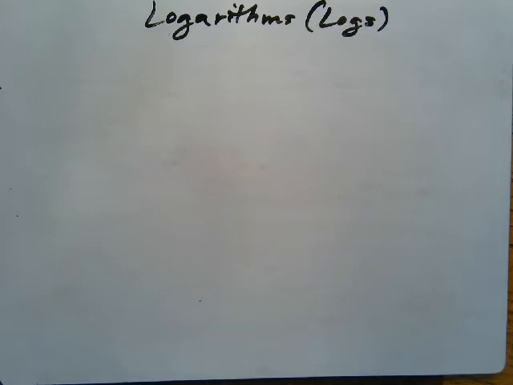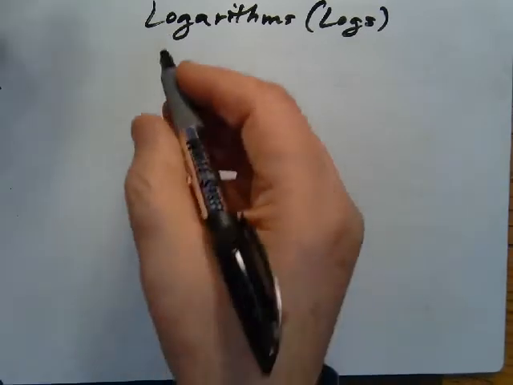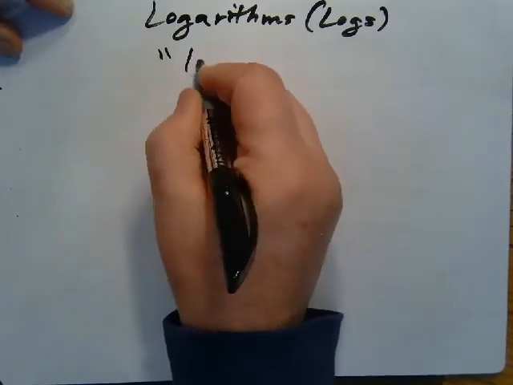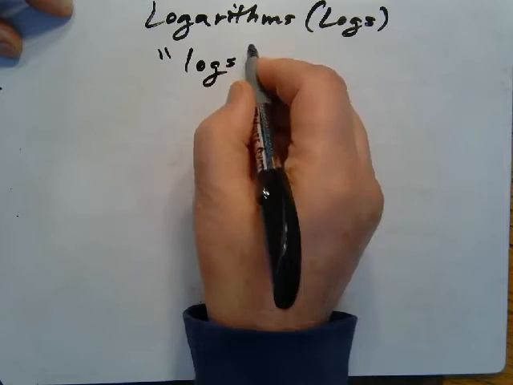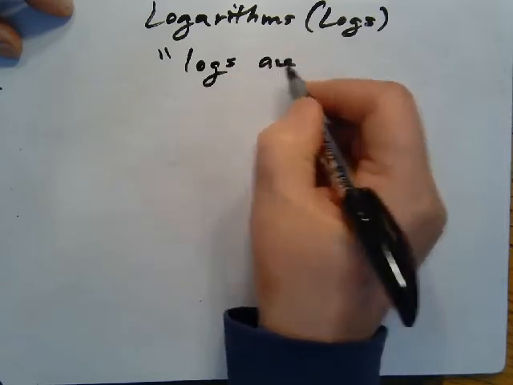So if logs are an undo operation for exponentials, then they're going to help us to get x down out of the exponent and bring it down. Here's another phrase that you might want to hang on to. Logarithms, I'll just abbreviate using the word logs here. Logs are exponents.